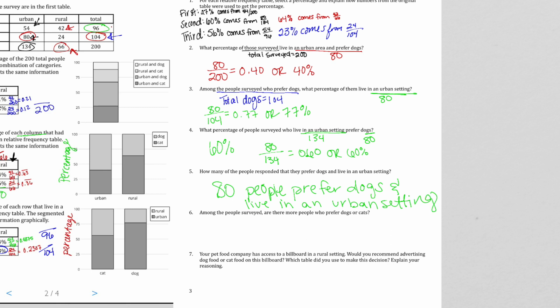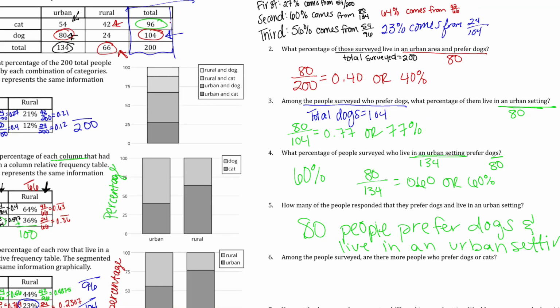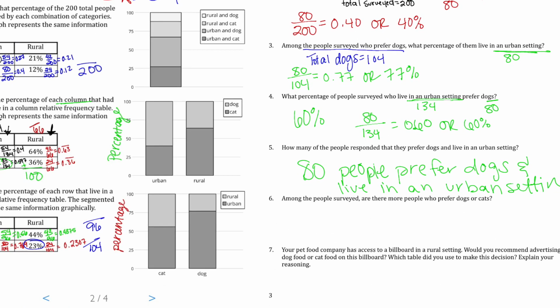Okay, among the people surveyed, are there more people who prefer dogs or cats? So here we are just going to look at our columns up here. The number for dogs, our total cats, total dogs, is bigger. So more people prefer dogs, but only by a little.